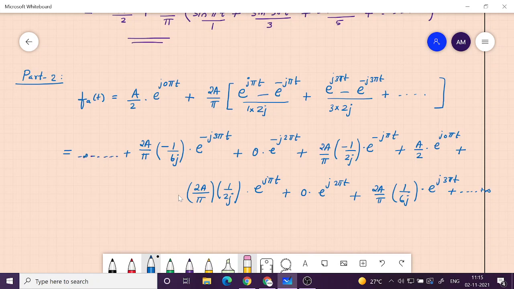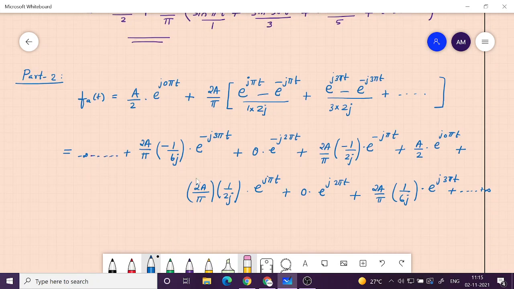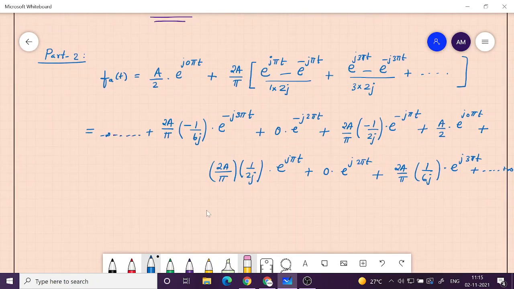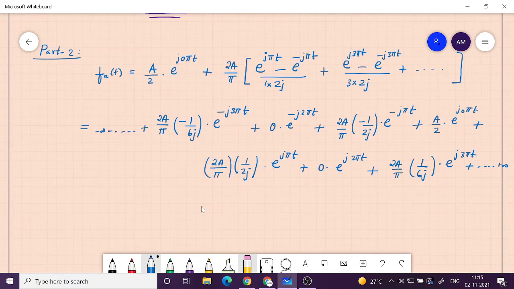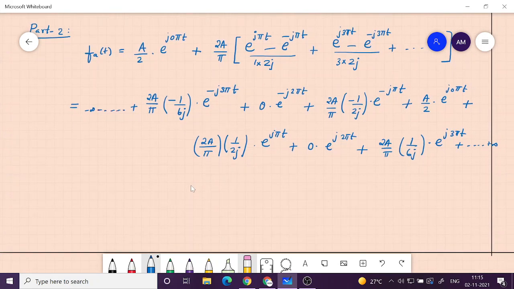So that is the trigonometric expansion, but we can use the formula that we derived also to find it out. And we can maybe simplify this a little bit more. So this here, it will become a by 3 pi. I can write 1 by j as minus j.